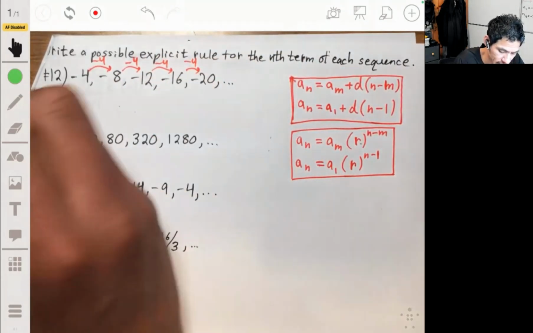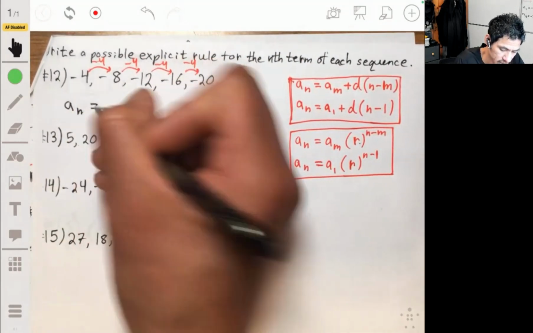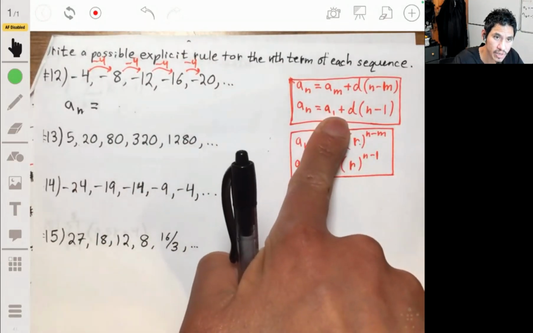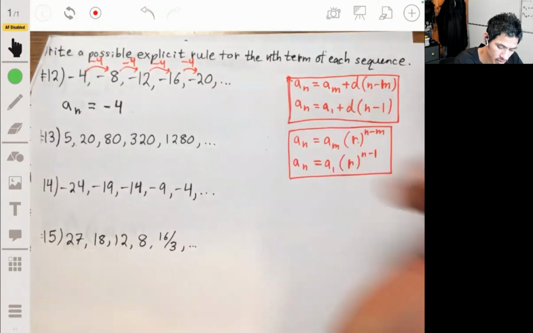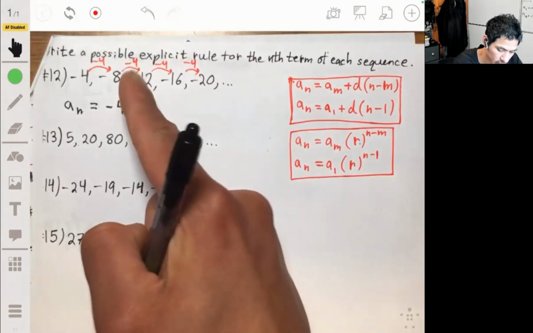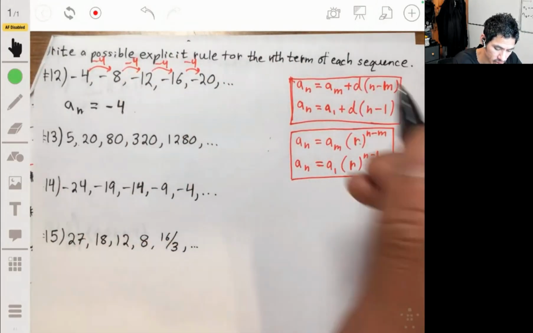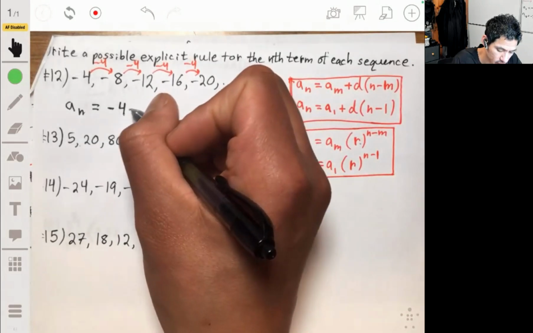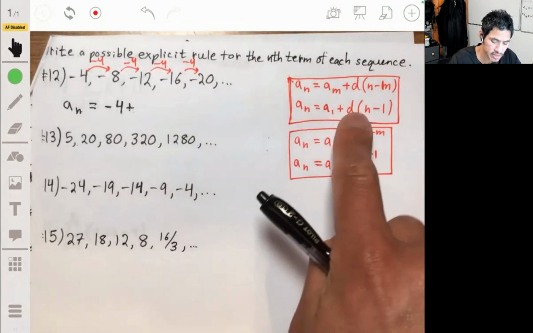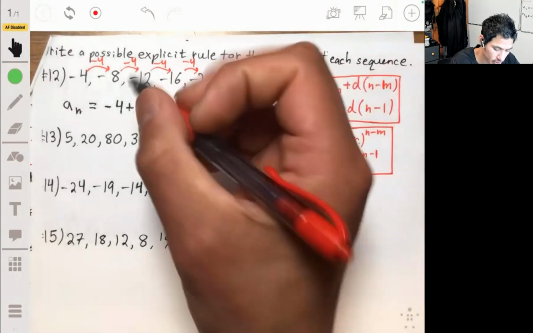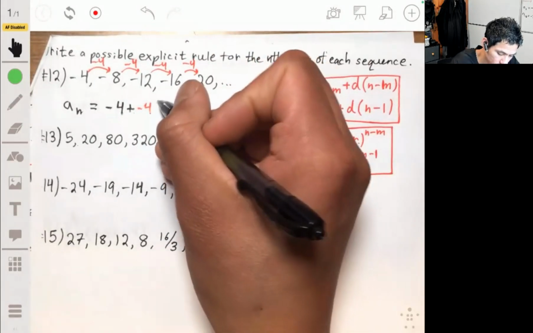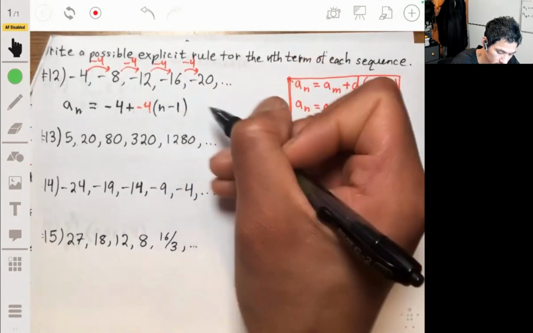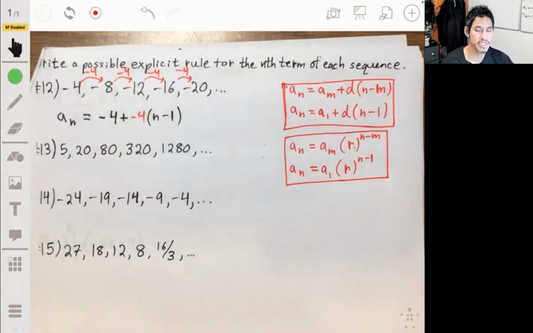We can write AN is equal to A1, which is -4, plus D, our common difference, which is -4, times n minus 1. This is essentially your answer.